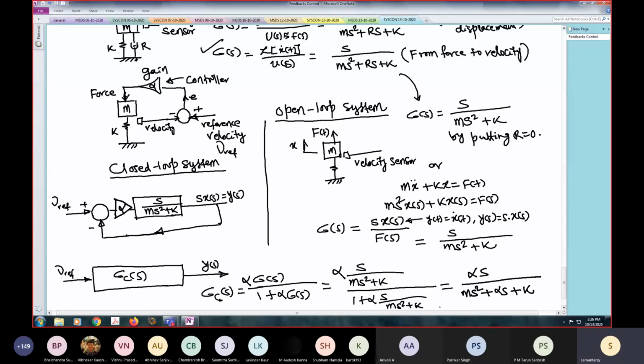So let's compare this. This is, let's say, 2, and this one is 1, with damper.